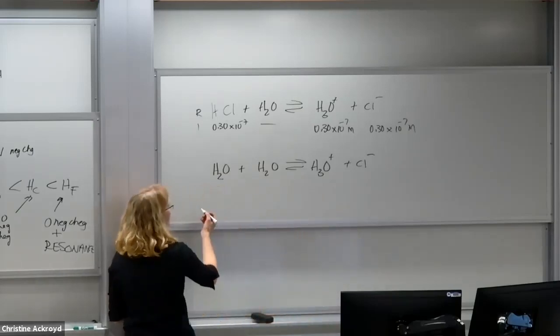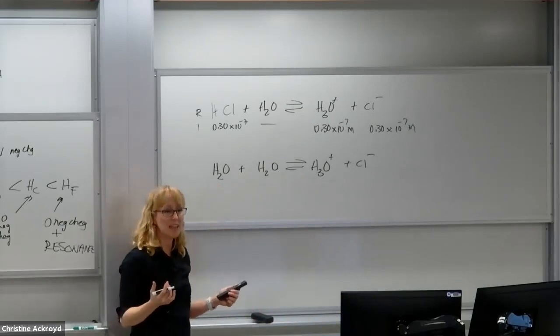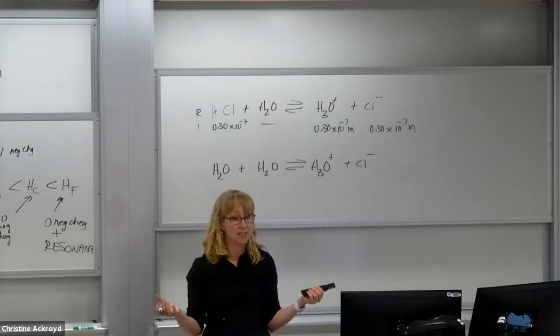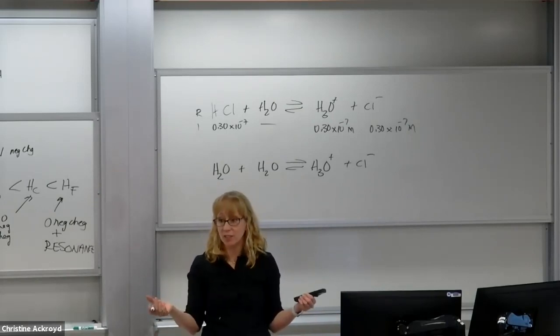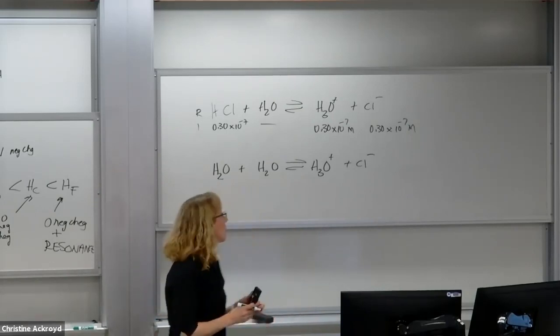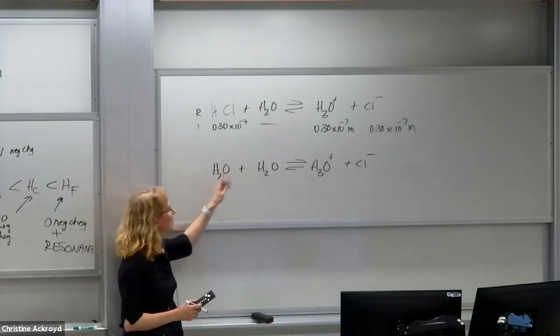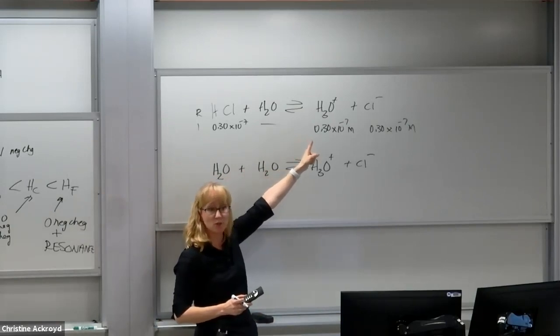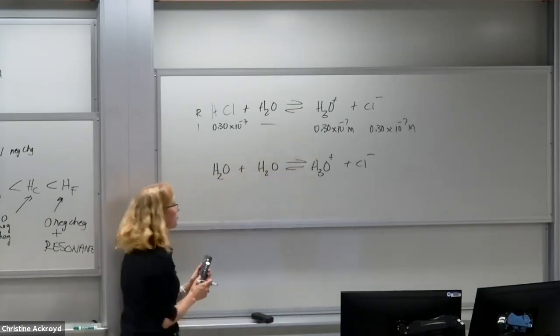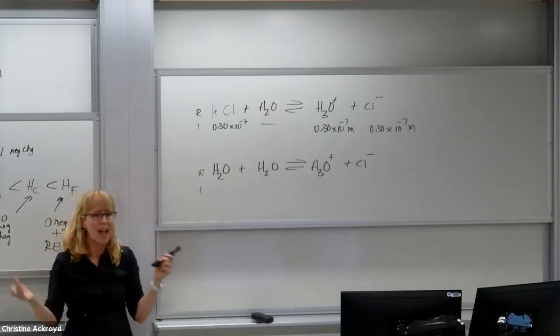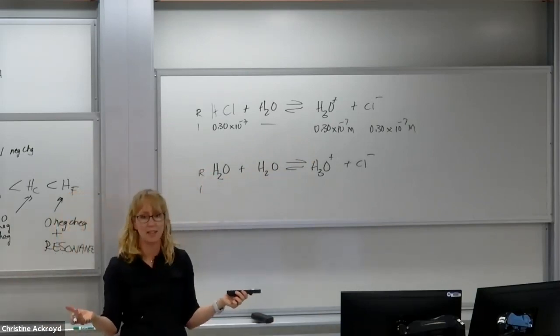So what you have to do is say, I actually have to do a common ion effect equilibrium calculation to figure out how much water reacts with itself in the presence of some added hydronium that comes from the HCl. So how we do that is we say, okay, let's assume that the water hasn't reacted with itself at all yet.